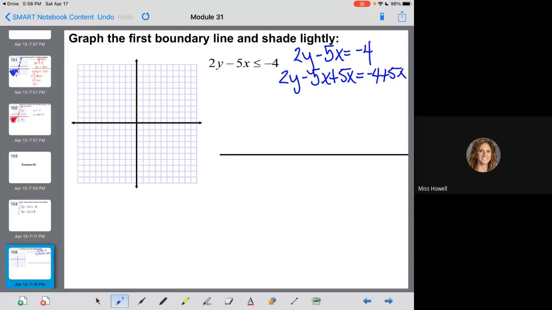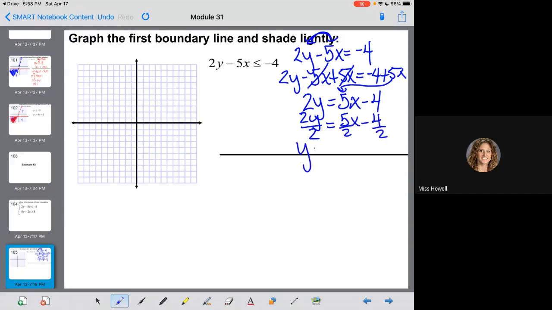Be careful, this is backwards standard form, so we're used to the x term being in the front. We still need to get rid of this subtract 5x part first by adding 5x. I'm going to bring this plus 5x to the front. So we're starting to build that mx plus b format. All right, let's divide everything by 2.